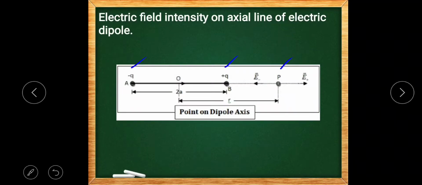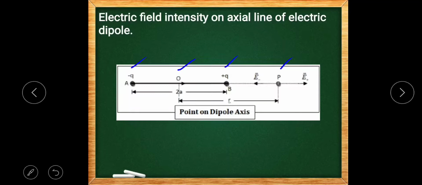Now r is the distance between point P and the center of the dipole O. Here O is the center of the dipole and 2a is the length of the dipole, or the distance between charges minus q and plus q. Now in this diagram, on the axial line, you have to mention the electric field direction.